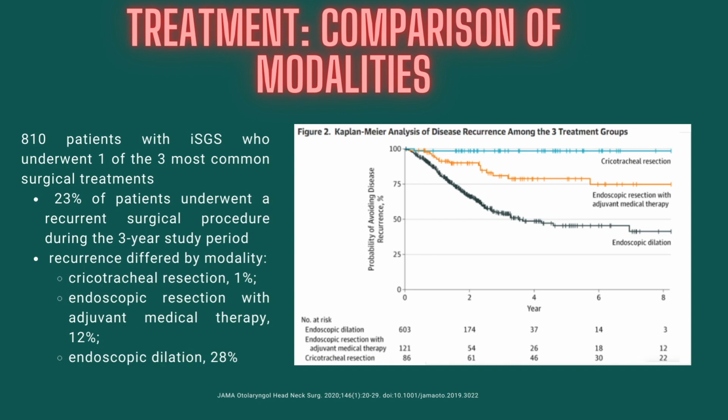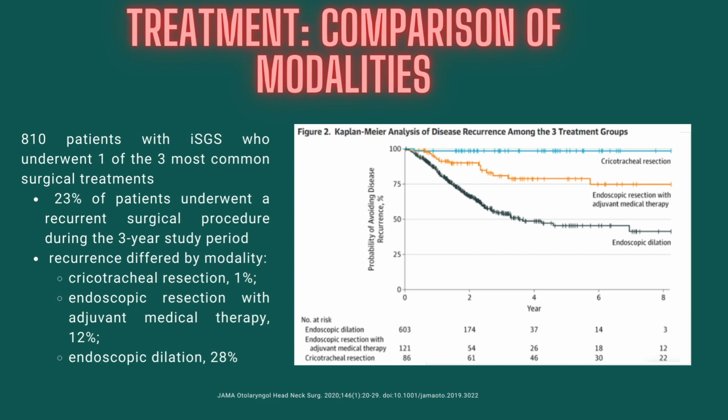So, in summary, this is a pretty good study, although it's retrospective, but they involve a lot of patients and they follow these patients up for 3 years. As you can see, cricotracheal resection is accompanied by the highest complication rate and multiple procedures, essentially.